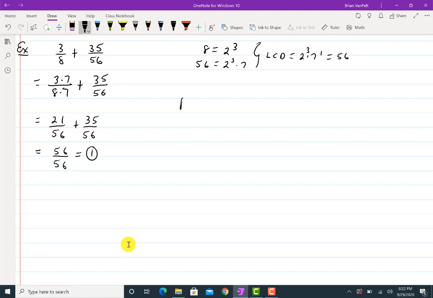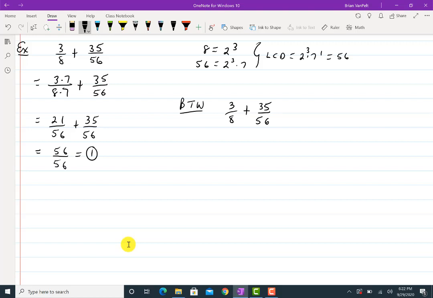By the way, this problem could have been done a lot easier than what I just did. Although I don't want you to think that this example is a bad example. Sometimes if you're on your toes, you can see that you can simplify one of the fractions.